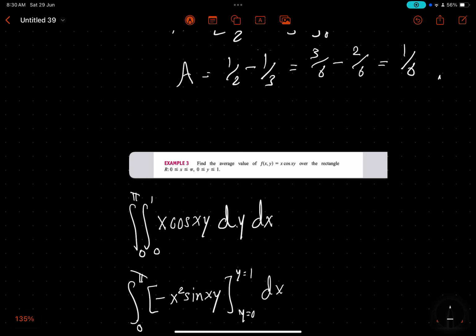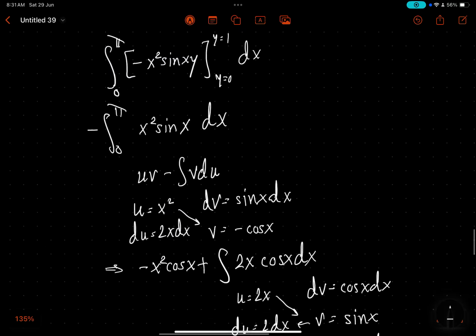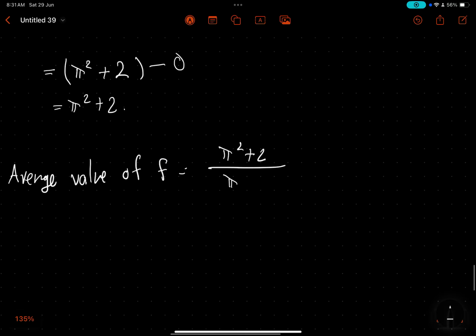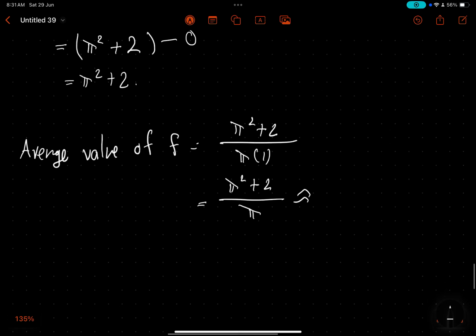The rectangular region goes from 0 up to pi, and then here it goes from 0 up to 1, so the area is pi times 1, so it equals pi squared plus 2 over pi. This is the average value. You can find it through a calculator to find exactly how much that is.